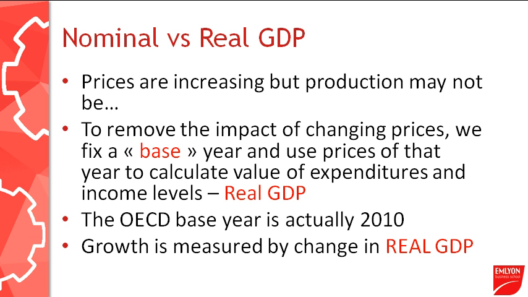If real GDP is going up, it's because the quantity produced of goods and services is rising. So to make sure that we exclude any price effect from our measure of growth, we'll be measuring growth by the change in real GDP.